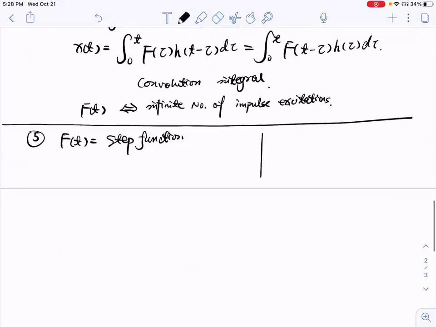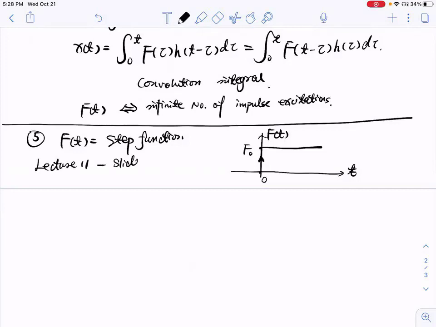So your F(t) versus time is a step function with the amplitude of F0. And then this jump happens at time equal to 0. So if you want, you can go to lecture 11, slide 8, to find the solution for this.